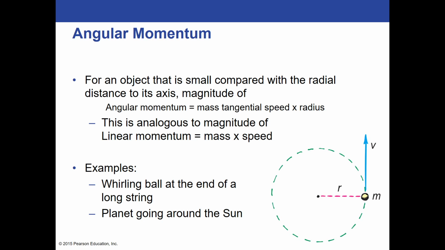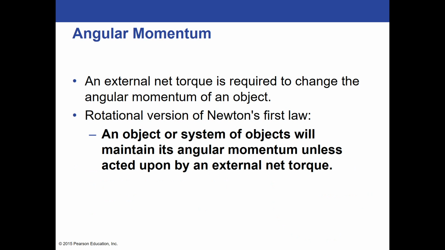So, whirling a ball at the end of a long string, a planet goes around the sun, they have some momentum. We get the equivalent law of momentum.